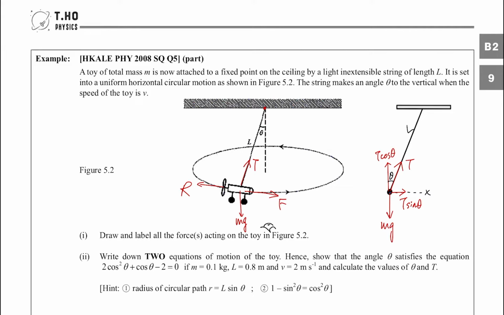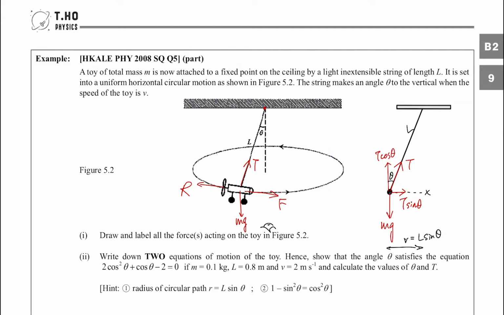As we know, the length of the string is L. So if we talk about the radius of the circle, it can be shown that the radius can be expressed as L sine theta.